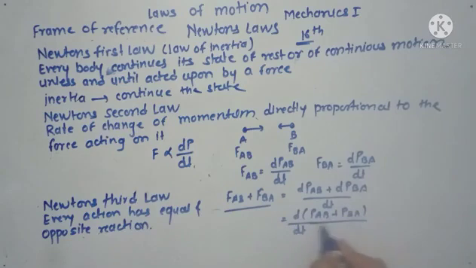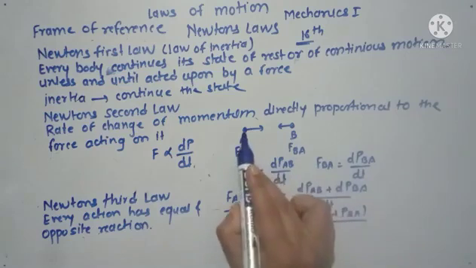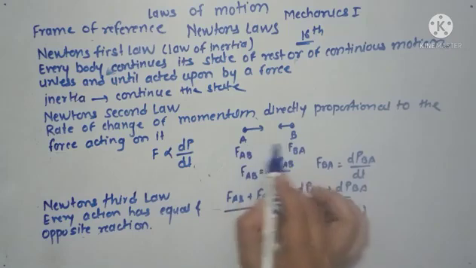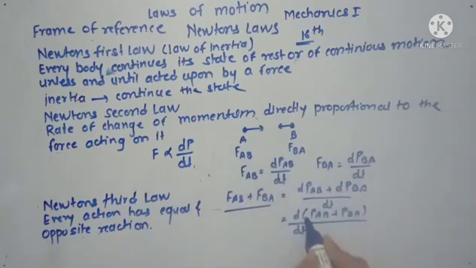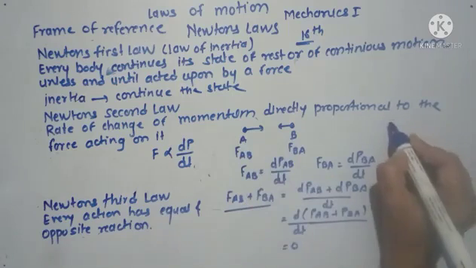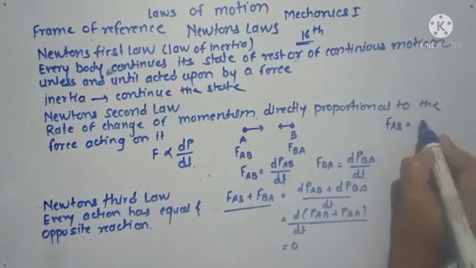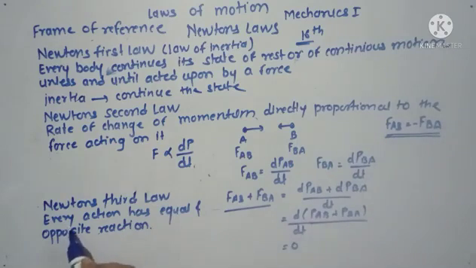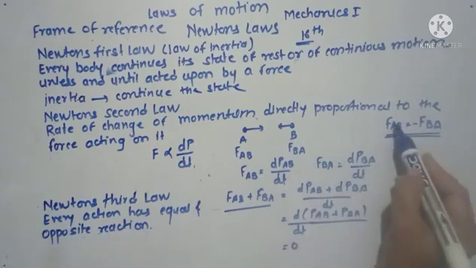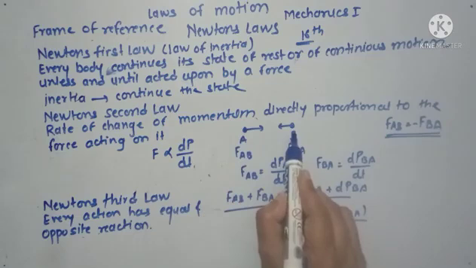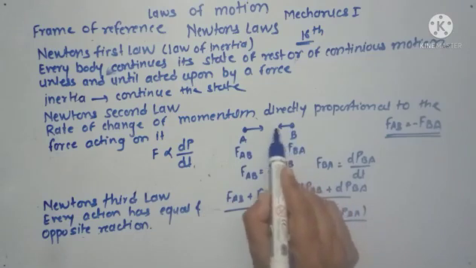If there is no external force acting on the system of these two particles, then this dP upon dt will be equal to 0. Therefore I can write FAB is equal to minus FBA, which proves that every action has equal and opposite reaction. The force applied by particle A is exactly equal and opposite to the force applied by particle B.